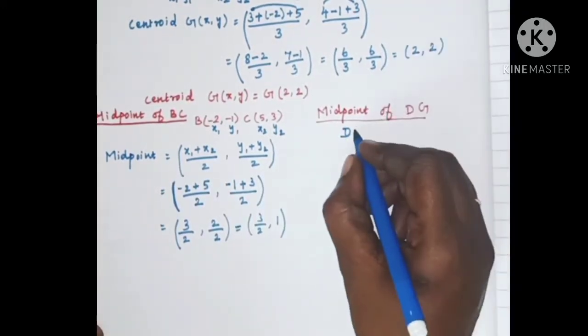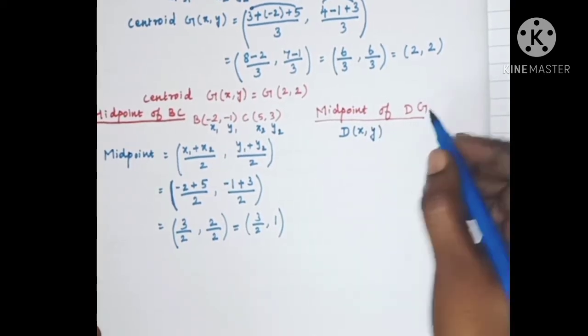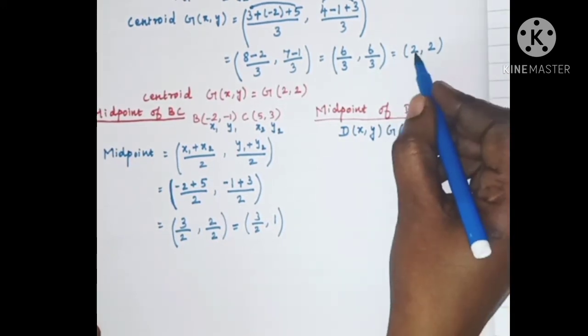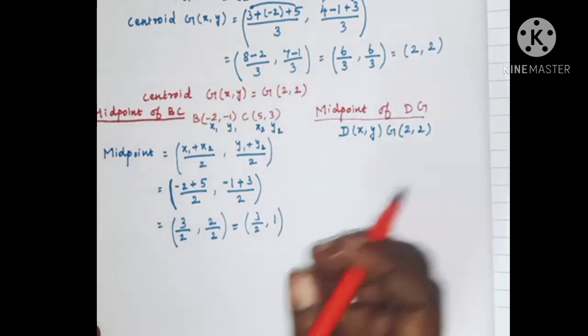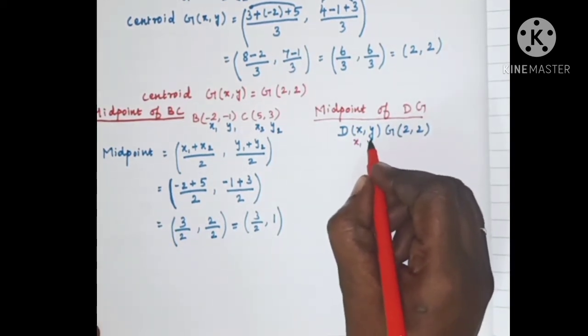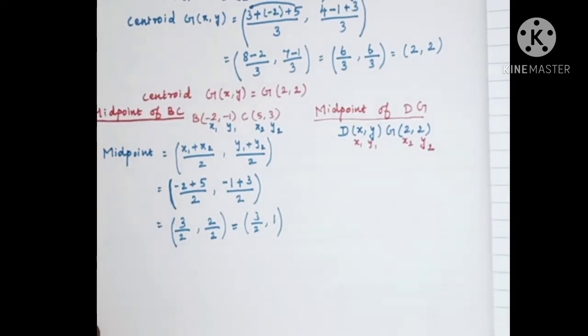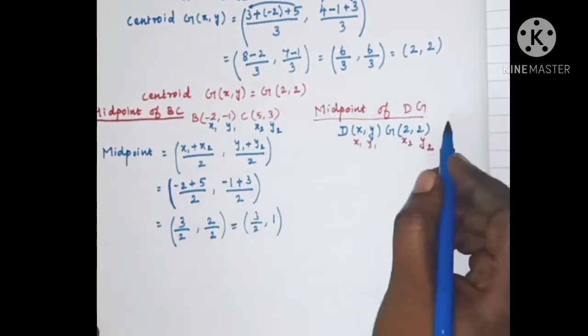We don't know the coordinates, so take them as x, y. And G is the centroid. The centroid G is 2, 2. Now take D as x1, y1 and take G as x2, y2. Now again you have to find the midpoint of DG.